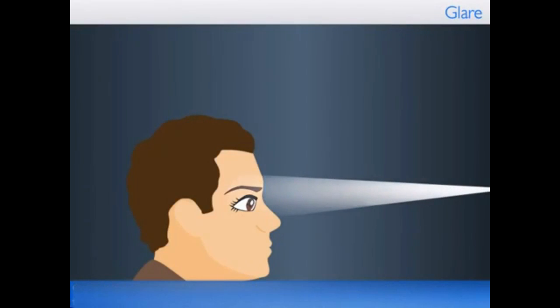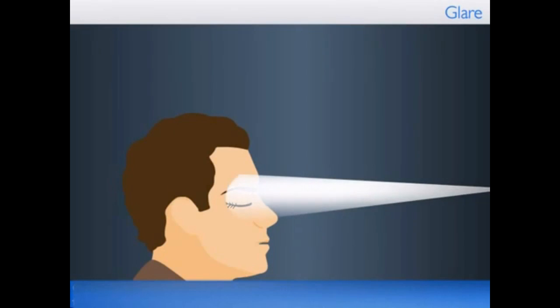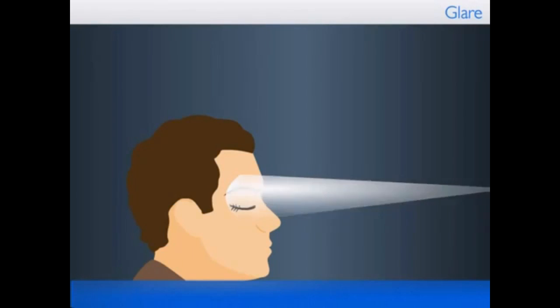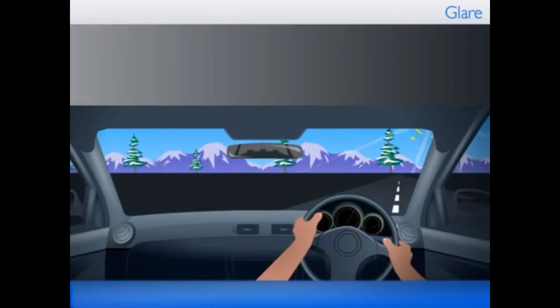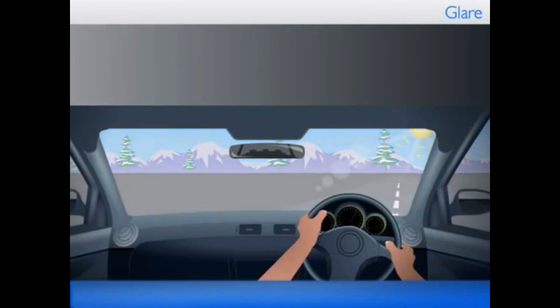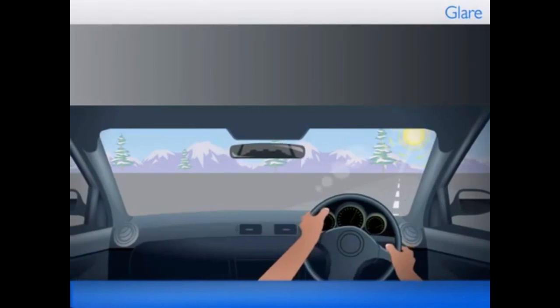Glare is the negative sensation produced by luminance in the visual field that is so much greater than the luminance to which the eyes are adapted that they cause discomfort, reduced visibility, or both. Glare can take either of two forms: discomfort glare or disability glare. Disability glare results in reduced visual performance, with excessive luminance leading to a loss of visibility.